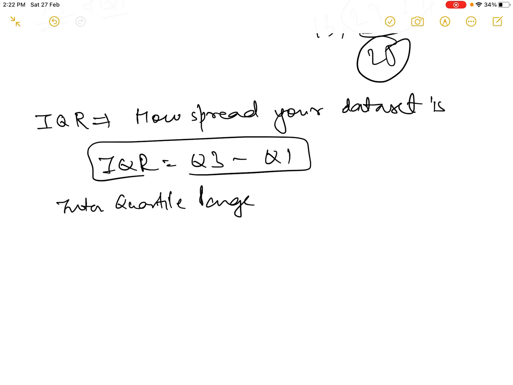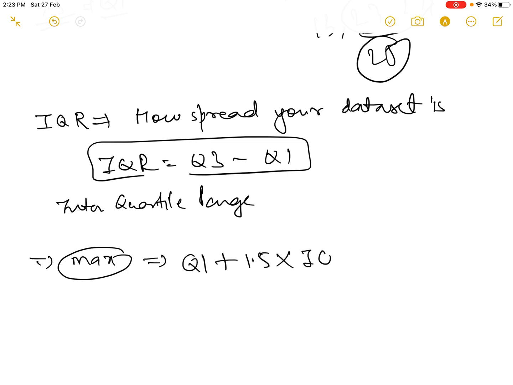The maximum limit allowed will be Quartile 3 plus 1.5 times the interquartile range, and the minimum limit allowed is Quartile 1 minus 1.5 times the interquartile range.